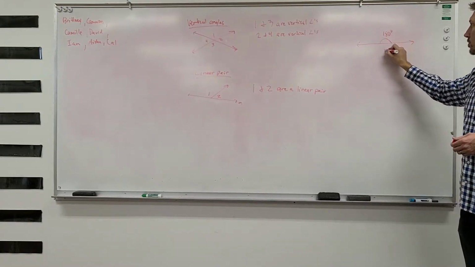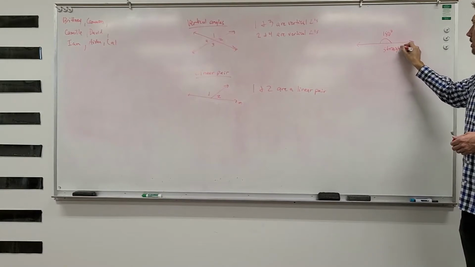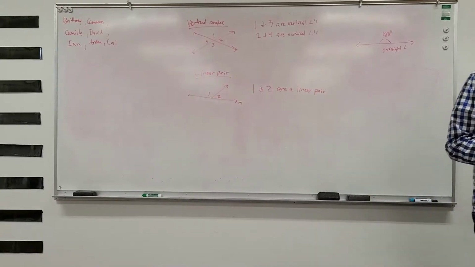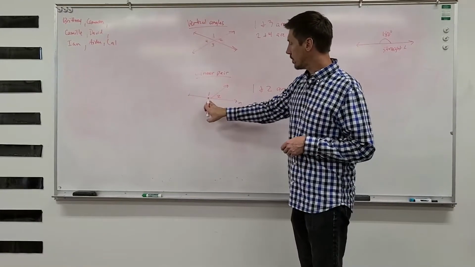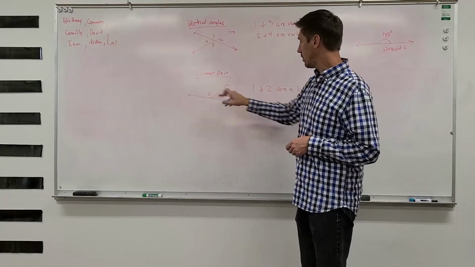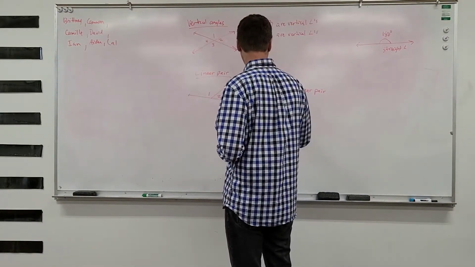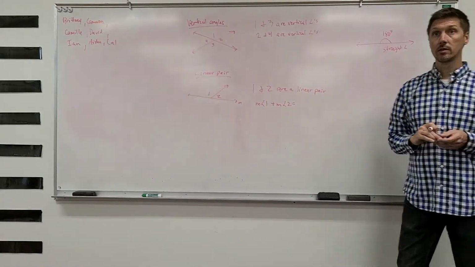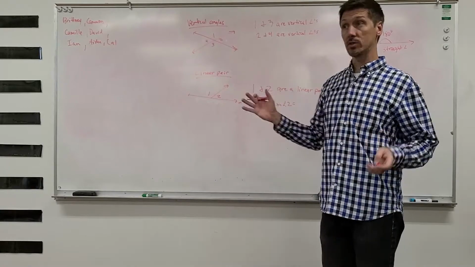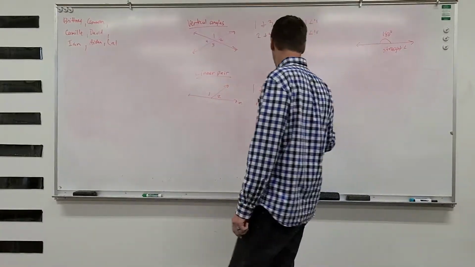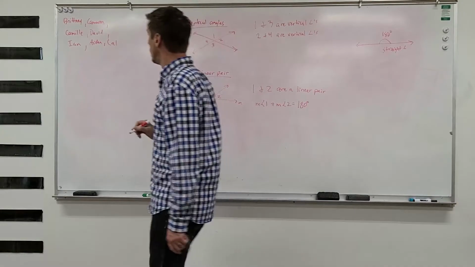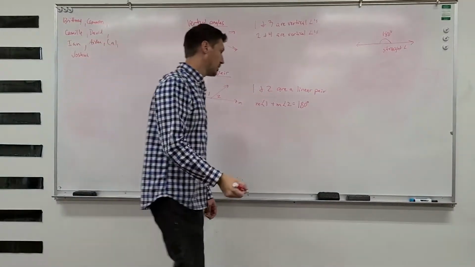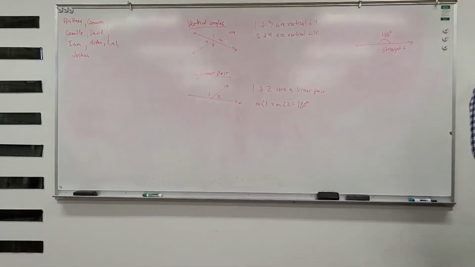Because these two angles are formed by a ray coming off of a straight angle, the measure of angle 1 plus the measure of angle 2 has to equal what? The measure of the line, which we said was 180. So for a linear pair, the measure of angle 1 plus the measure of angle 2 has to equal 180, okay?